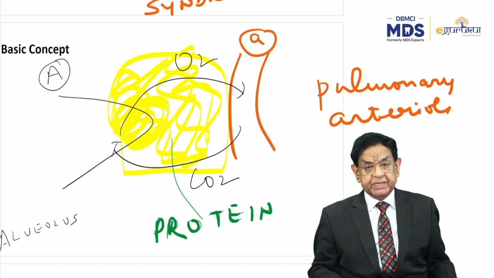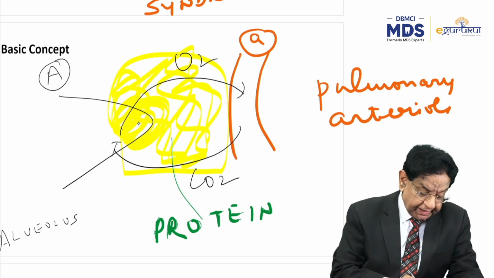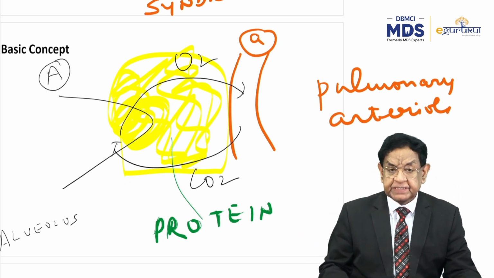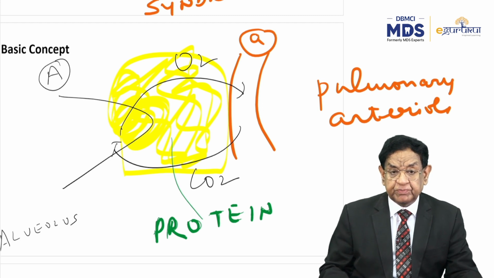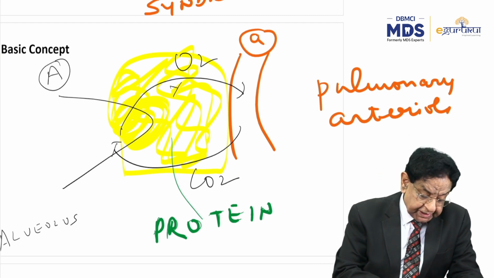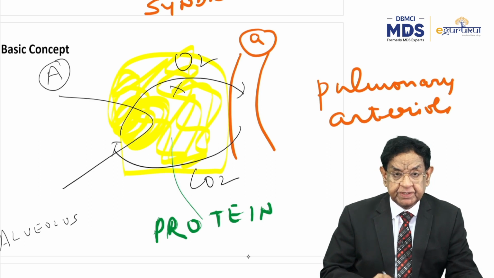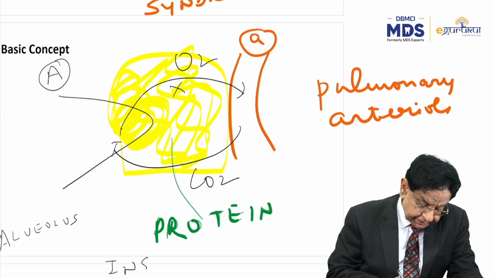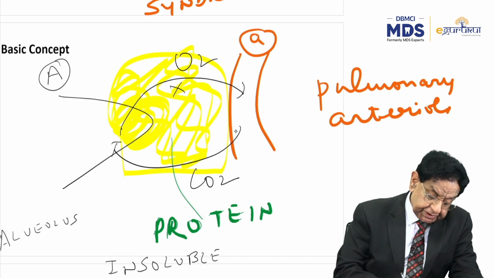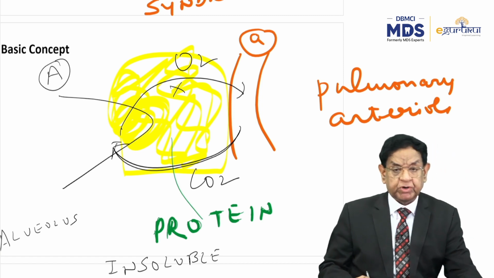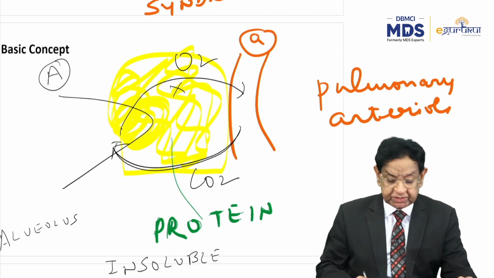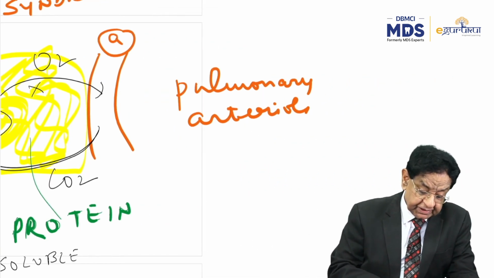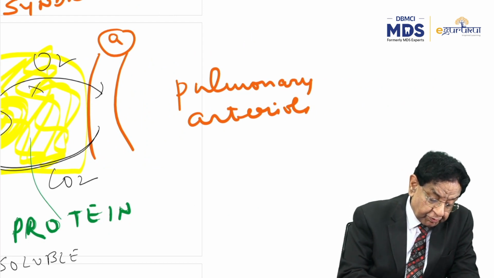Normal. But now the alveoli and the interstitium contain a lot of protein-rich fluid. Oxygen cannot go in because oxygen is a water-insoluble gas. But CO2 can come out because CO2 is a water-soluble gas.